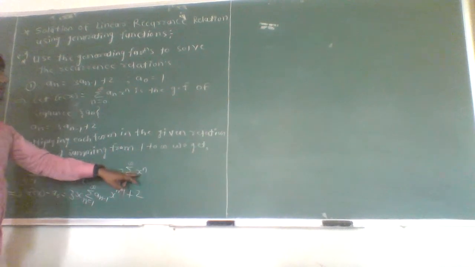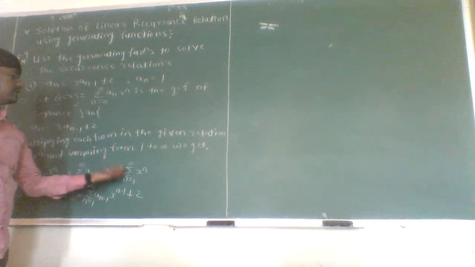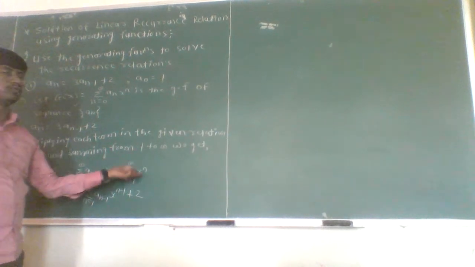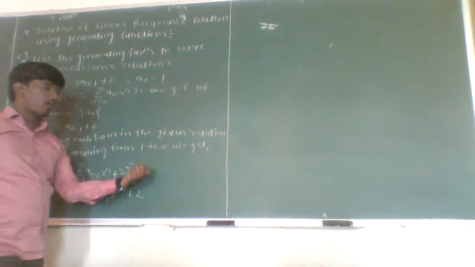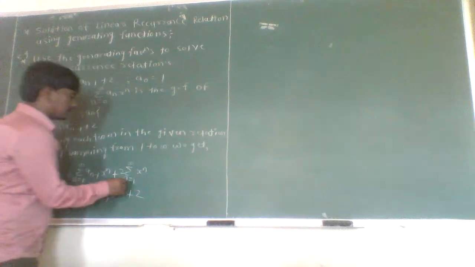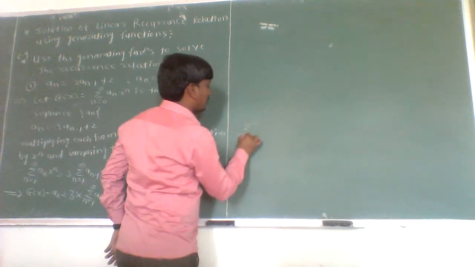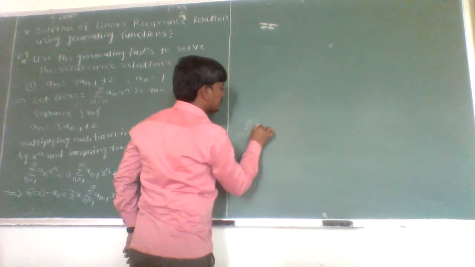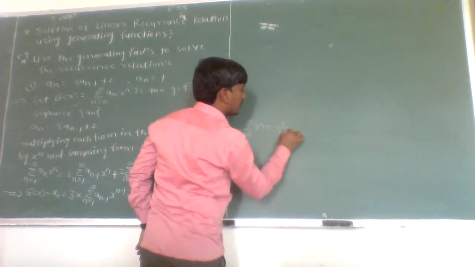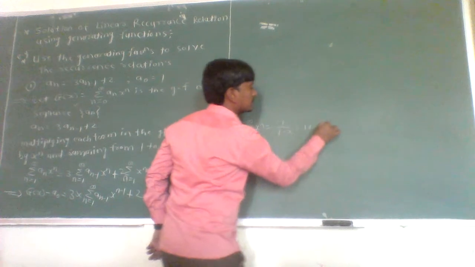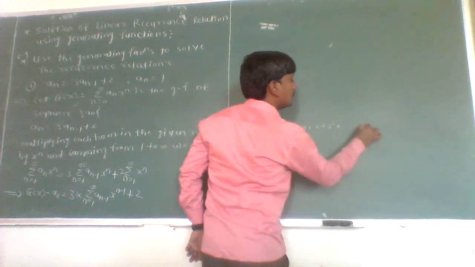summation n running from 1 to infinity x^n. And we know that summation n running from 0 to infinity x^n is nothing but 1 upon 1 minus x, that is 1 plus x plus x squared and so on.